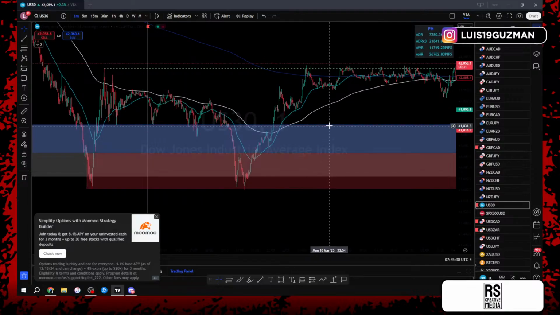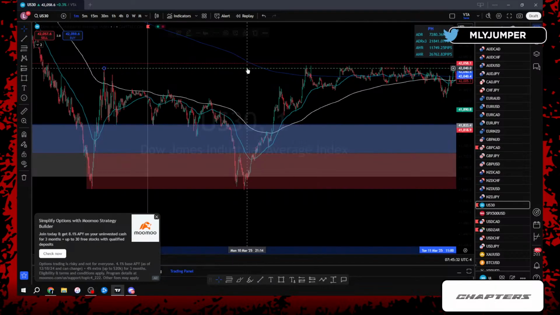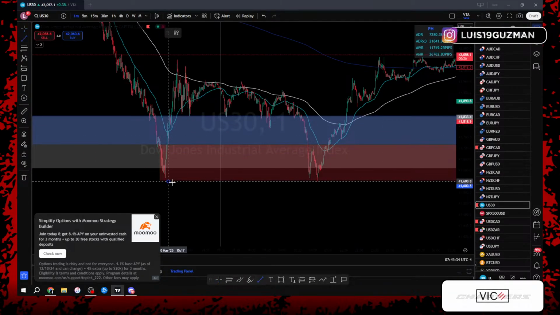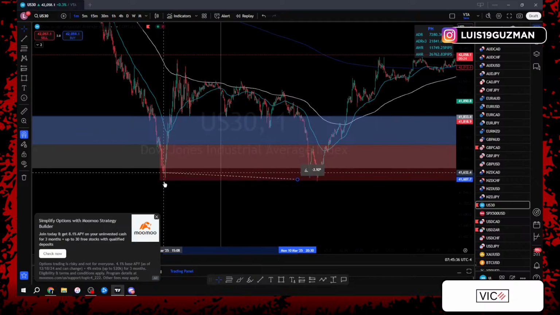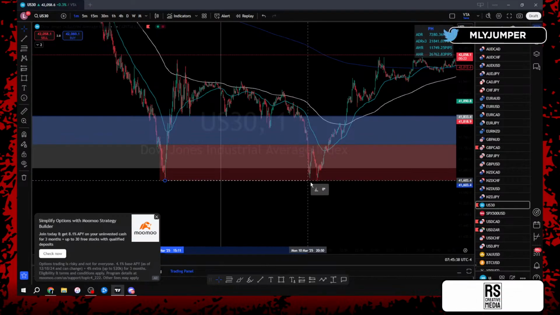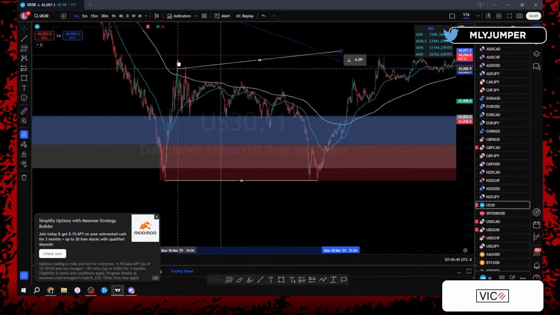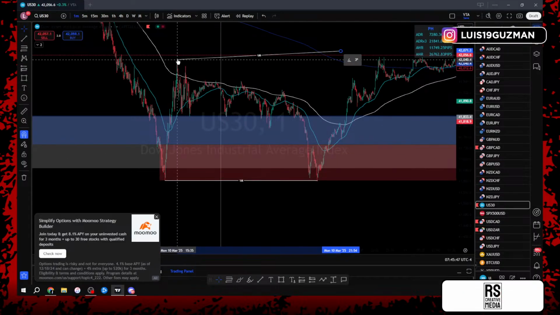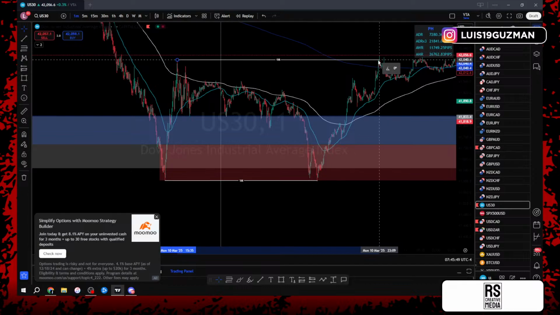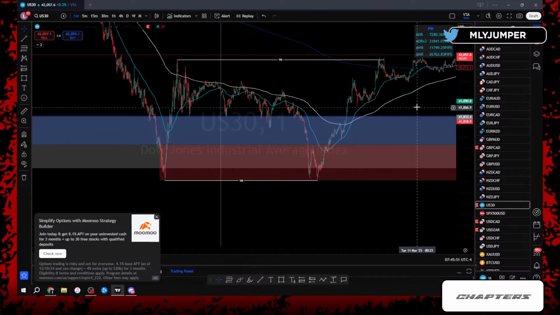Let's go ahead and delete these lines here. Right, and let's go ahead and add this line here. Right, boom. So you had a 1 minute change, 1 minute break of structure, right? Change of character. Right, this low gave us this high over here, which is the lower high. Right, this lower high, we got a change of character here.